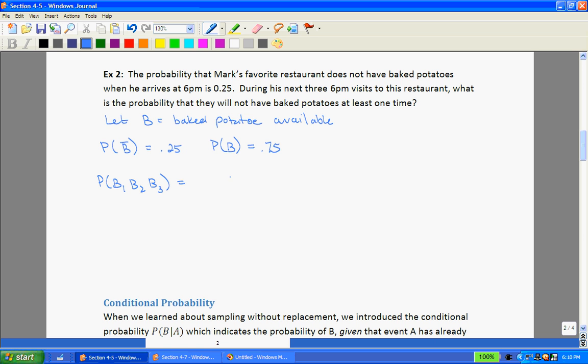And if we go back to our multiplication rule and thinking about these events being independent, then we can just multiply those together and say 0.75 times 0.75, or 0.75 raised to the third, which works out to 0.421875, or as a fraction, 27/64. So that time I took the complement early on and then kind of went from there.